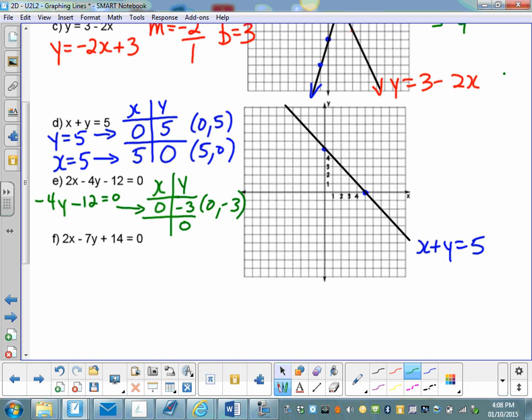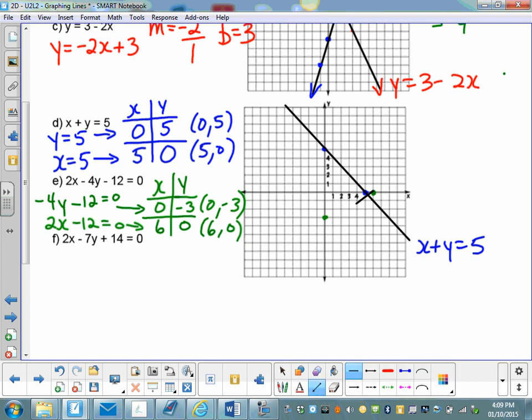And when I put 0 in for y in this equation, I get 2x minus 12 equals 0. So if I move the minus 12 to the other side, it becomes 12. And then when I divide by 2, I get 6. So these points are at 0, negative 3, and 6, 0.